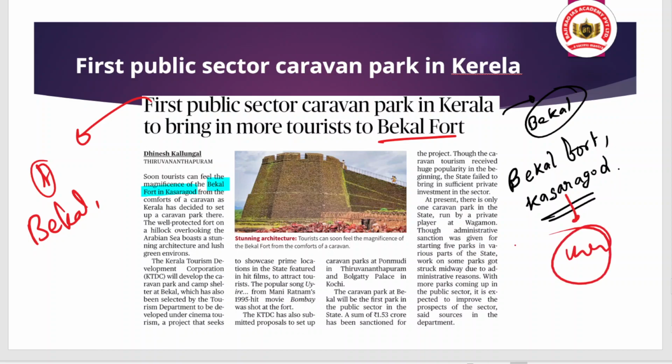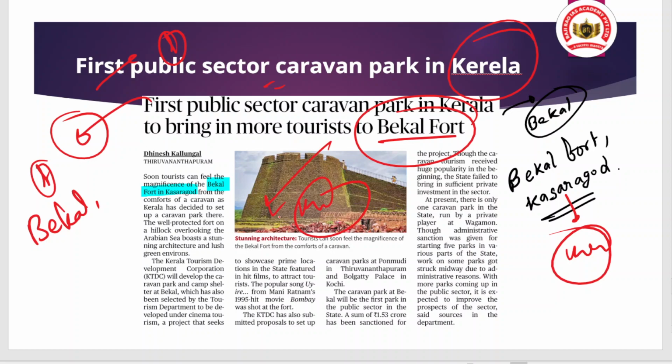Along this location there is the creation of Kareba Park, which will attract tourism. It will also be a region for movie shooting, so that more and more visitors come here. So indirectly, Kerala is promoting tourism. Remember, the first public sector Kareba Park is in Kerala, and Bekal Fort is also in Kerala.